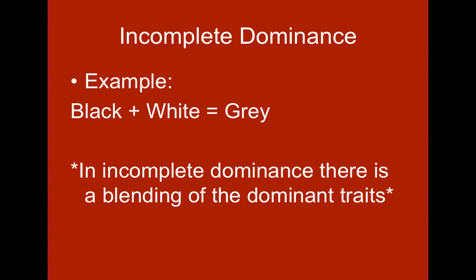So my example here is like if I have black paint and white paint and I mix them together, I get gray. And so if I have a black incomplete dominant allele and a white incomplete dominant allele, they are going to blend and I'm going to get that gray color. So it's really important that you understand that in incomplete dominance there is a blending of the dominant traits.